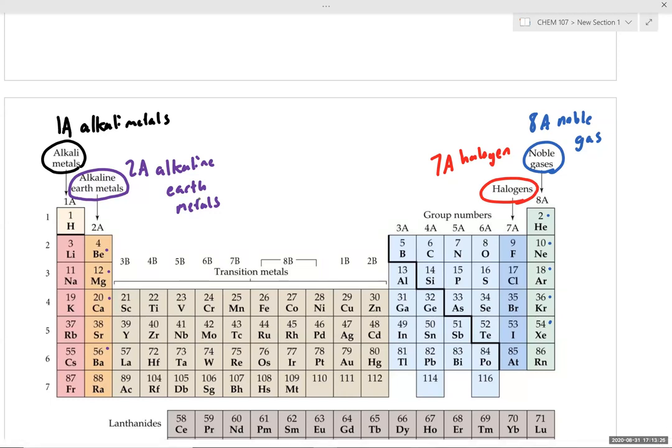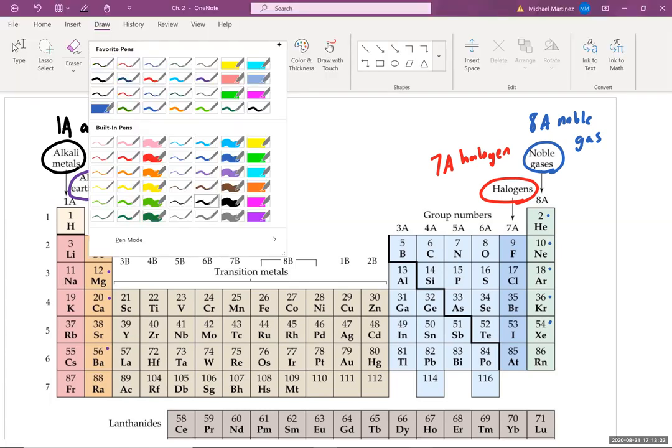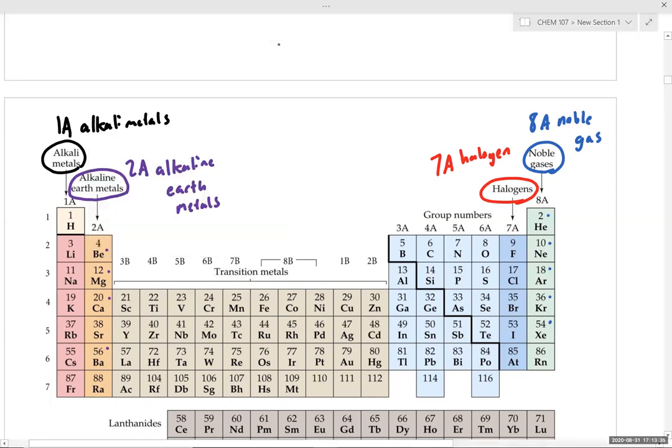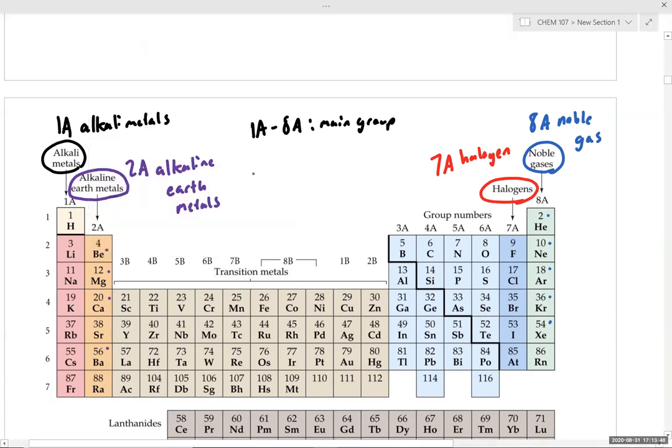So these are the major named groups of the periodic table that you're responsible for. Remember, as just a refresher, just one more time, our 1A through 8A elements are known as main group elements, while our 1B through 8B elements are known as our transition metals.